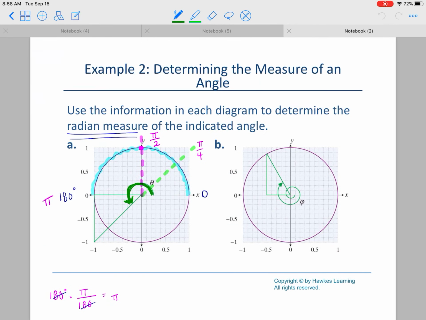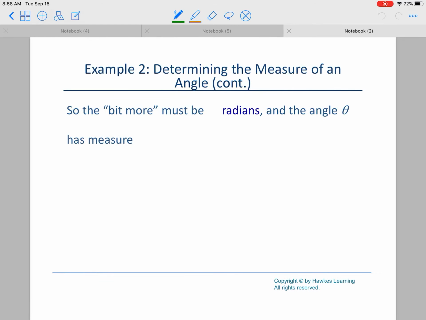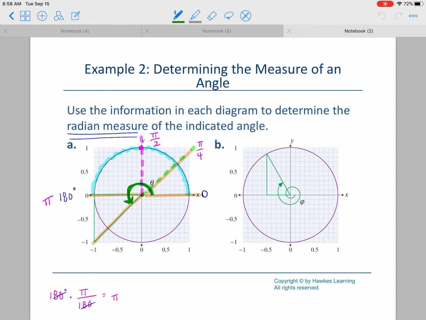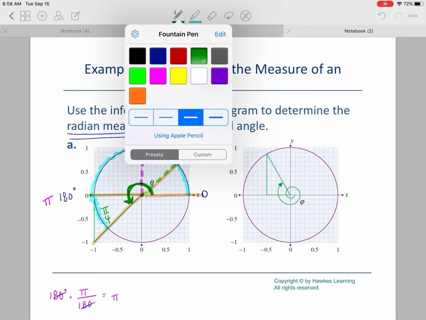Well, if we go back and look, this bit more right here is the same as what I did right here. So that means that bit more is pi over 4 radians. So to find my theta, all the way around here in blue, I've got pi plus this pi over 4.